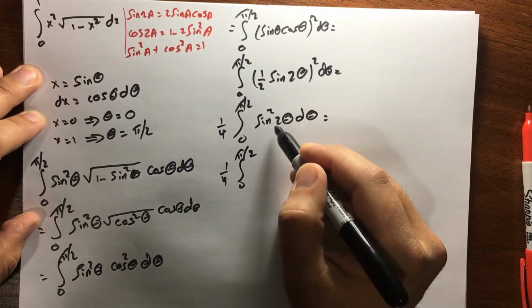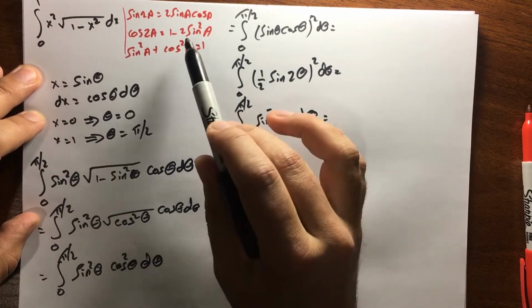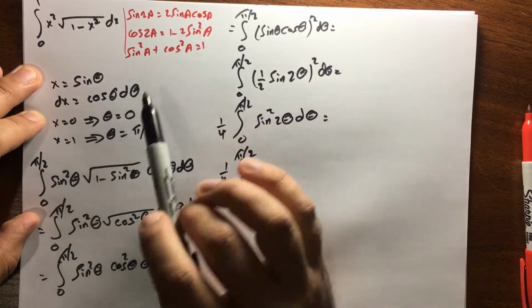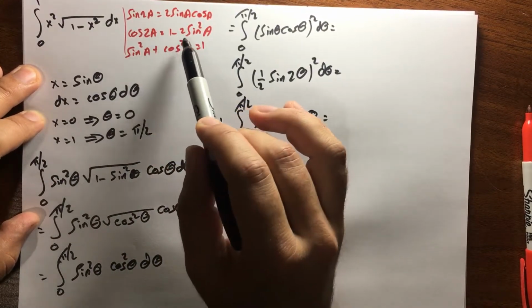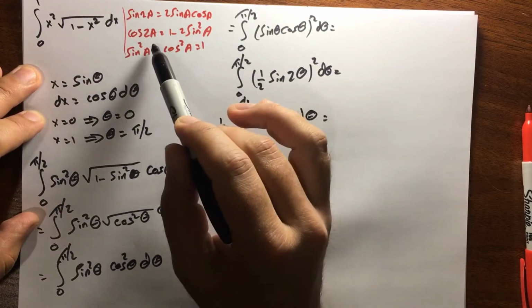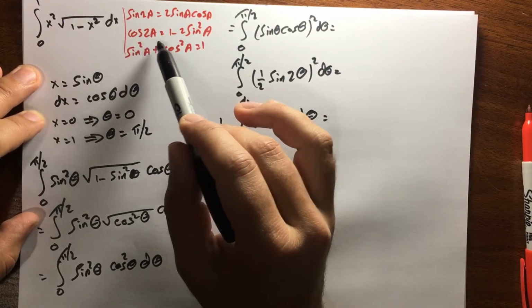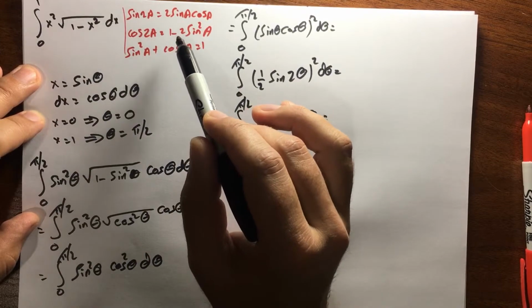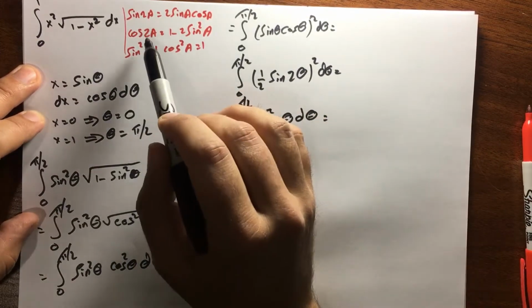Now sine squared 2 theta equals, using the trigonometric identity cosine 2a equals 1 minus 2 sine squared a, so 2 sine squared a equals 1 minus cosine 2a, and sine squared a equals 1 half 1 minus cosine 2a.